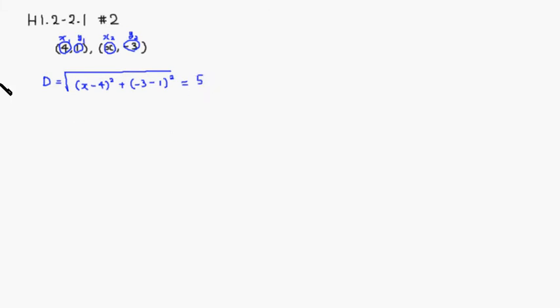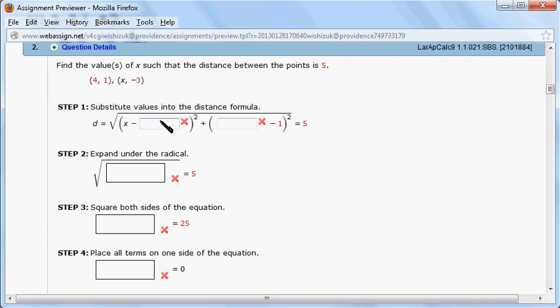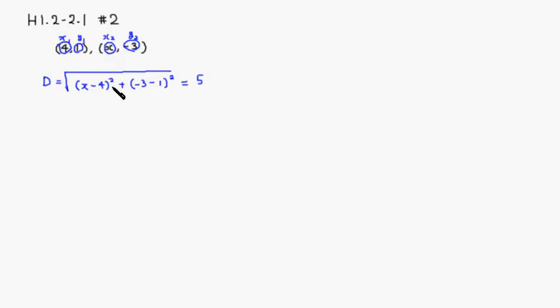So let's go back and type it in. So this is going to be 4, and this is going to be negative 3. Right, so we have that. Then we expand under the square root. So let's expand that.